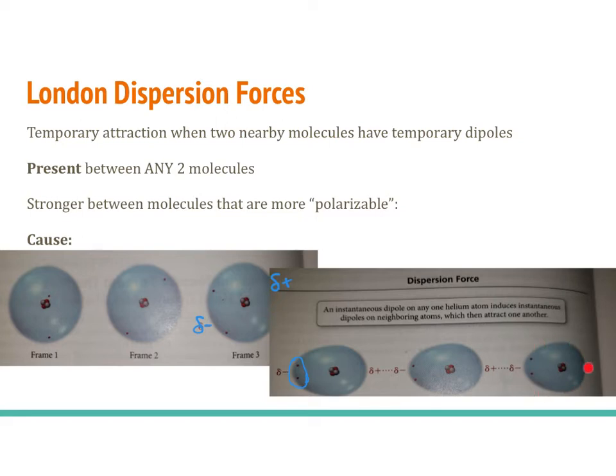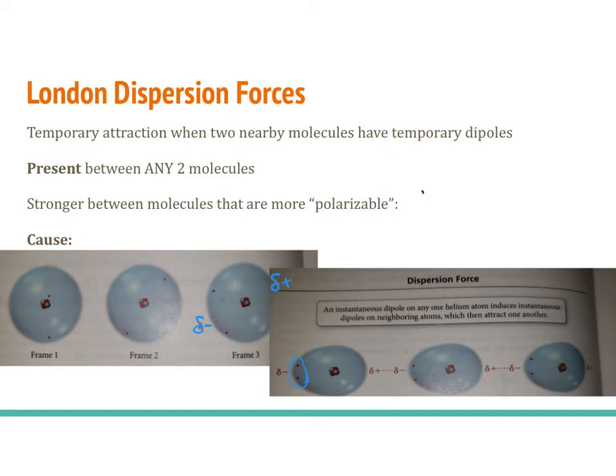Here we've got a third atom that's had a temporary dipole induced on it. London dispersion forces can have a wide range of strengths, but the more polarizable an electron cloud is, the stronger the London dispersion forces are.